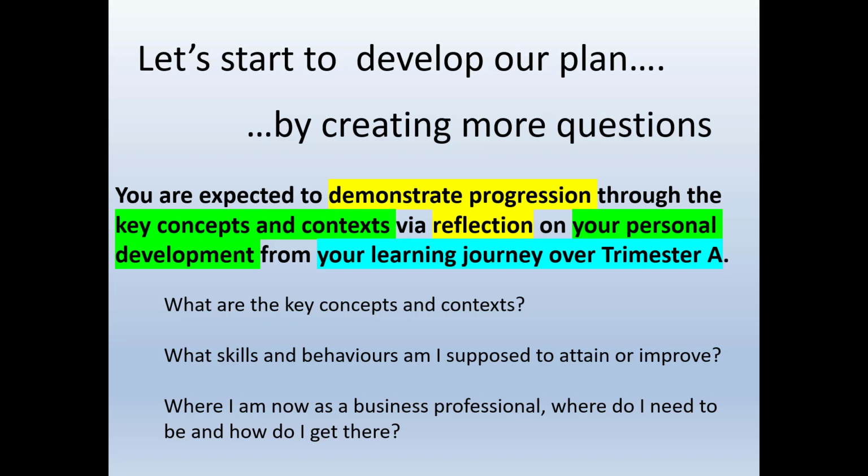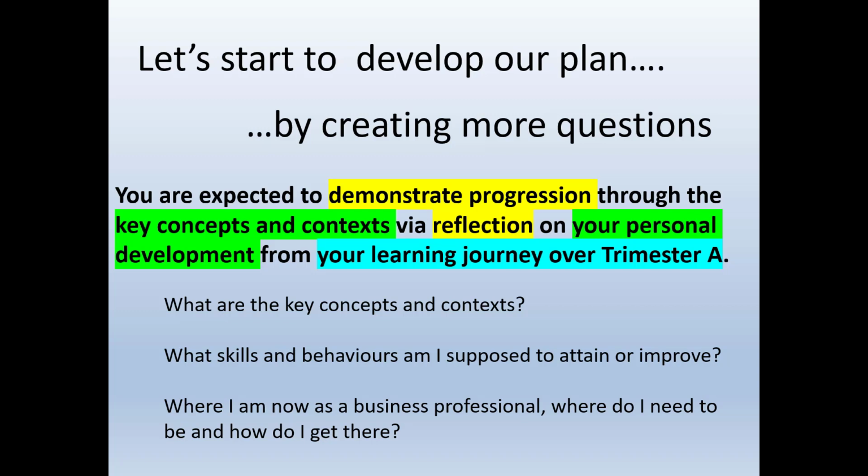And your personal development. In other words, what are the things that you're supposed to have progressed in personally? That probably means, what are the skills and behaviours I'm supposed to attain or improve? So I'm supposed to be developing towards a point of arguably being a GCU attributed graduate.